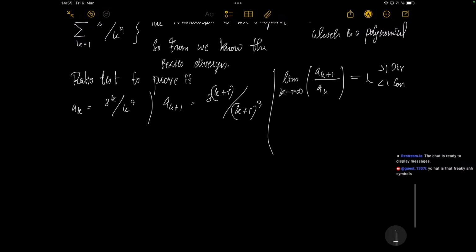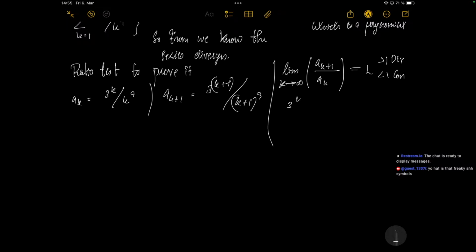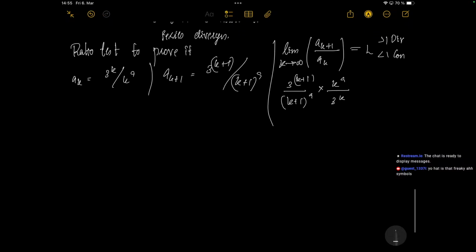3 raised to k plus 1 divided by k plus 1 raised to 9, now divided by ak, so into k raised to 9 by 3 raised to k. So we're gonna get something like 3 times 1, k by k cancels, plus k.